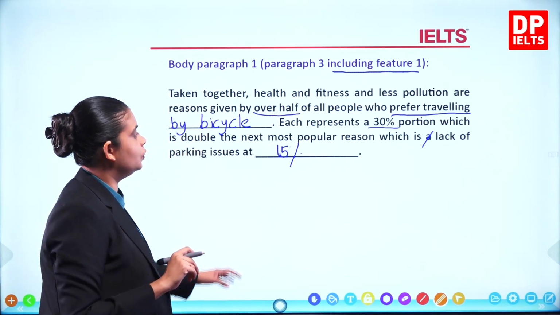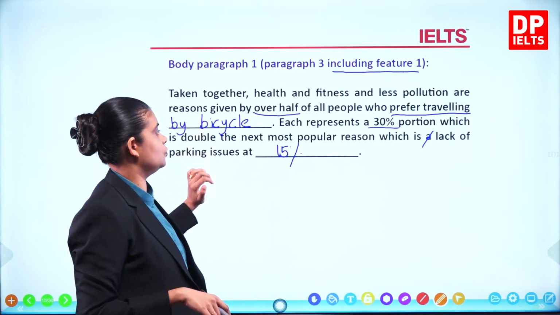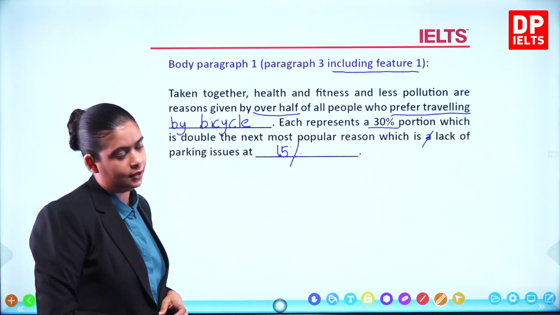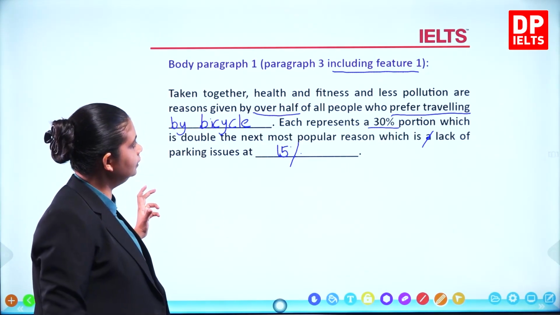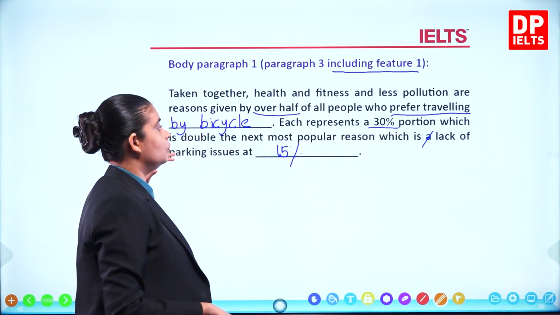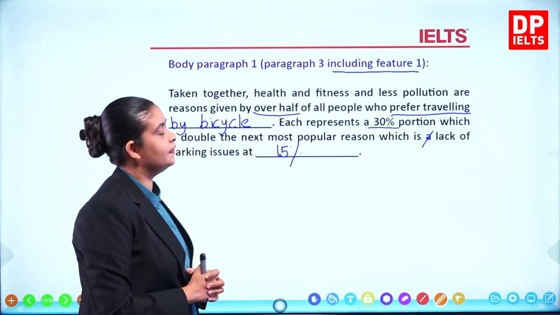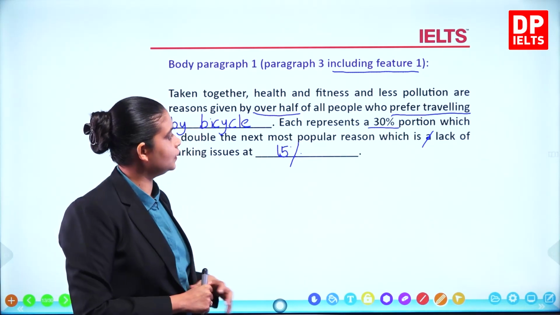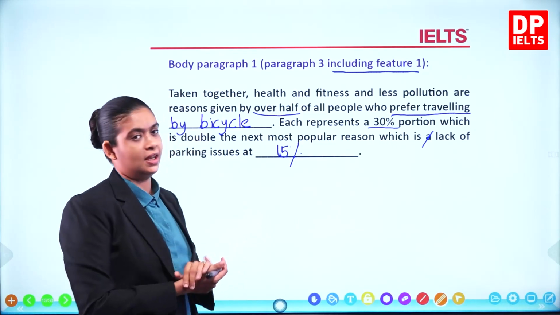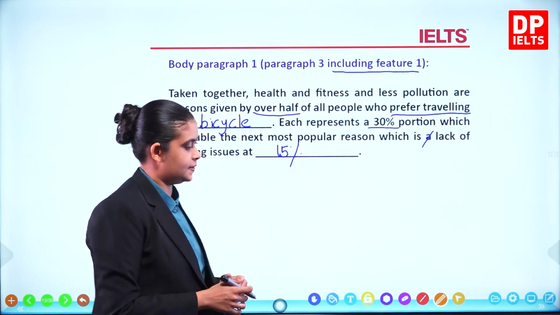Okay, you don't have to say popular reason which is a lack of parking issues, which is lack of parking issues at 15%. Okay. So here we have included feature 1, and in that we have then given points to support the main idea. So we have written the percentages 30% as well as 15%. So we have given significant numbers.